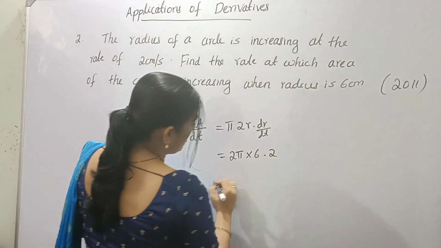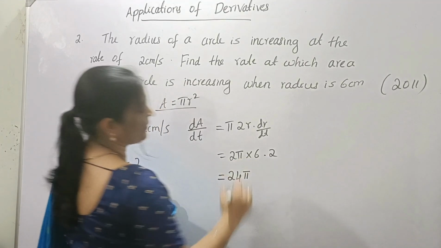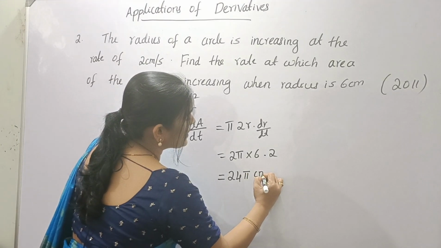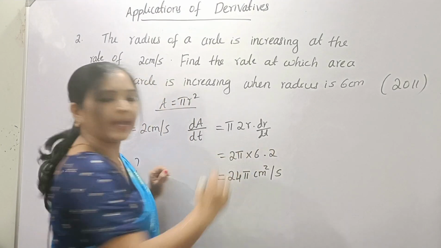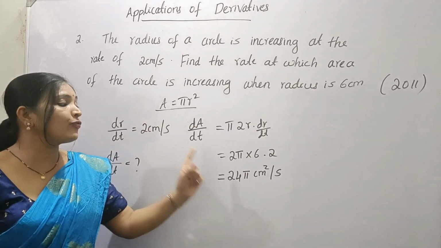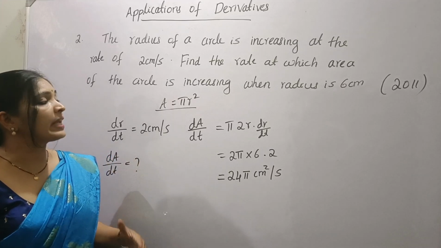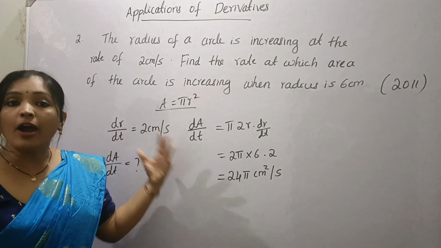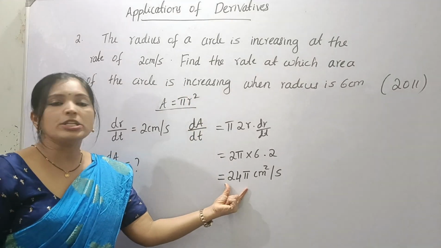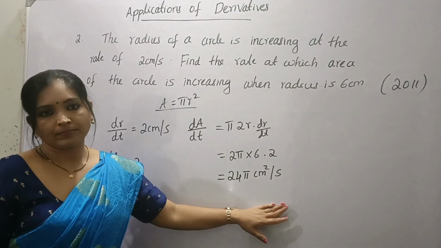That is equal to 24 pi. 2 into 6, 12, 12 into 2, 24 pi centimeter square per second. For a second, it changes by 24 pi. It is increasing. So here we can say the area of the circle is increasing at the rate of 24 pi centimeter square per second.